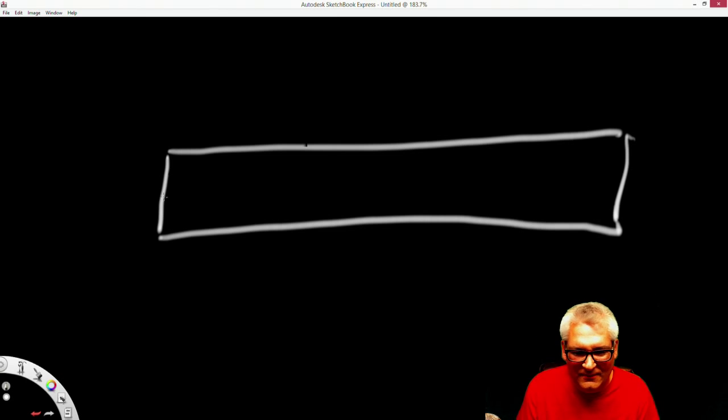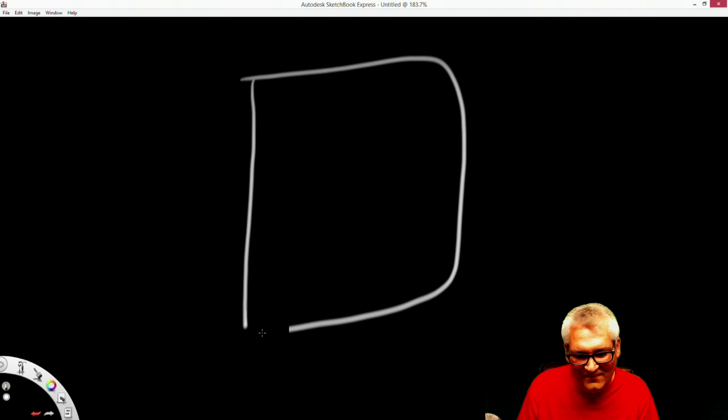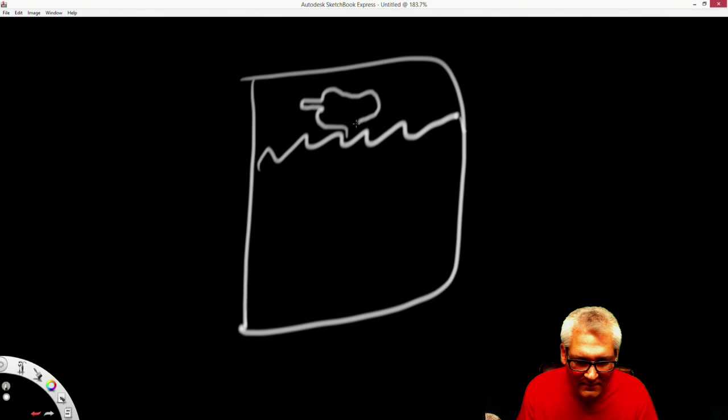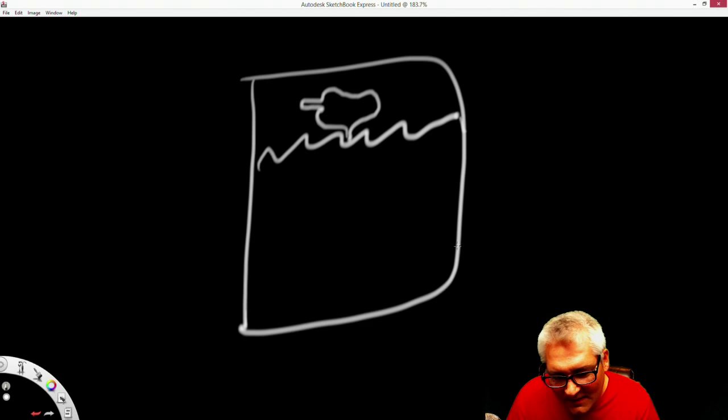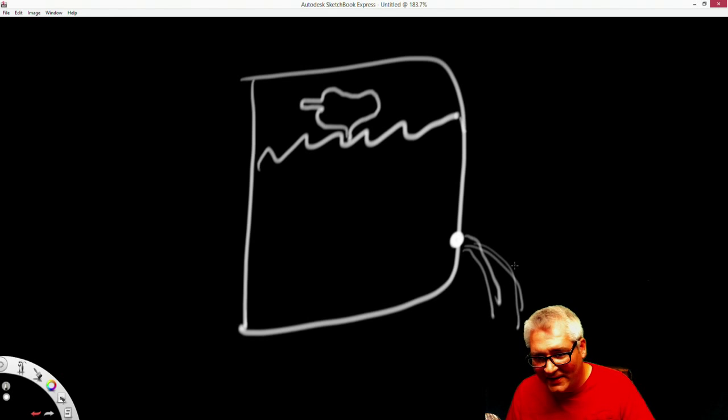Another example is a big water bucket with water in it, and, great drawing right here, a little rubber ducky. There we go. Like my rubber ducky, sort of. If you have a small hole in this bucket, then a little bit of water will come out, and eventually it will all drain, but it's real slow.